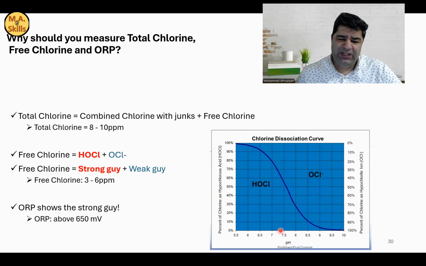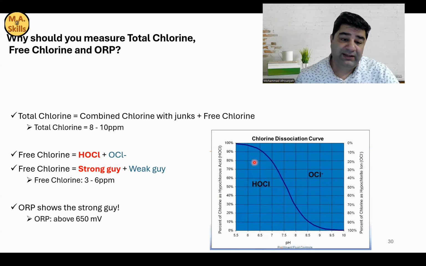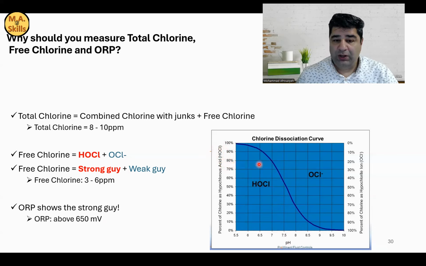Looking at the water pH, you can see if we have lower pH like 5.5, 6, 6.5, in that case the concentration of acid form, which is the strong guy, is high. But as water pH goes up to 7.5, 8, 8.5, you can see the concentration of acid form, the strong guy, is dropping, which is not good.